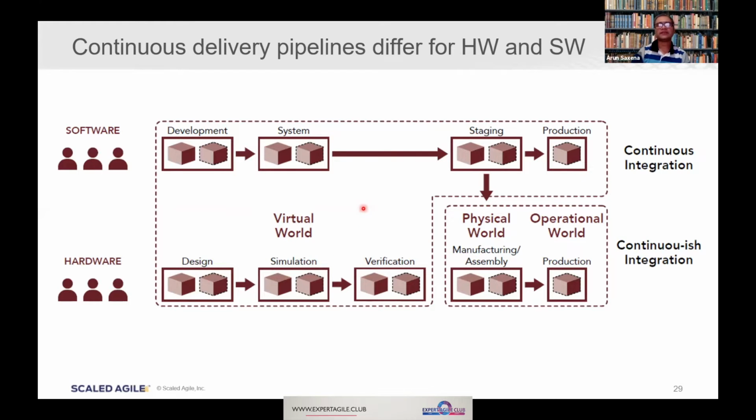So say for an automobile or an autonomous car, if the actual hardware is not available, everything can be simulated, and then the same features which are developed using software can be tested in this simulation environment. And once the hardware is available, then it should enter into the physical world, and should be manufactured and assembled and delivered into the production.